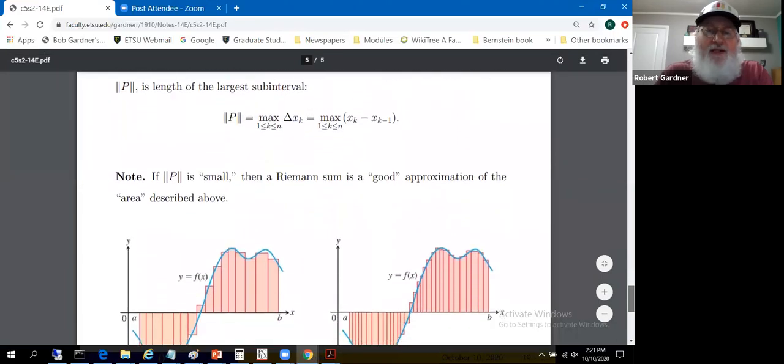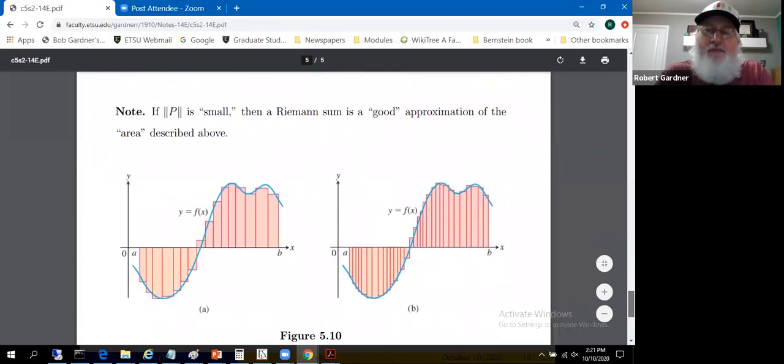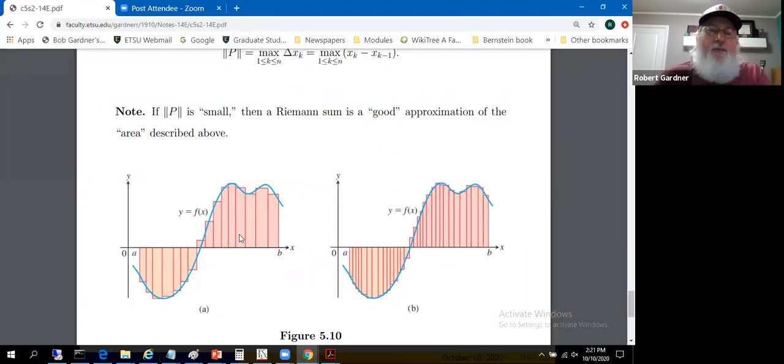We've been approximating things, approximating and taking limits in this section. But here's that same graph, that same function we had on a couple of slides ago, where I was going on about negative over here and positive over here. We had a picture back there where we cut it into, I don't know, 7 or 8 pieces.